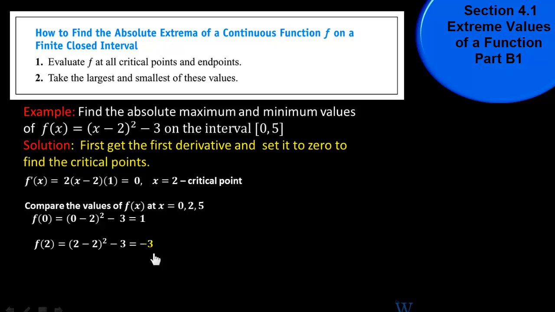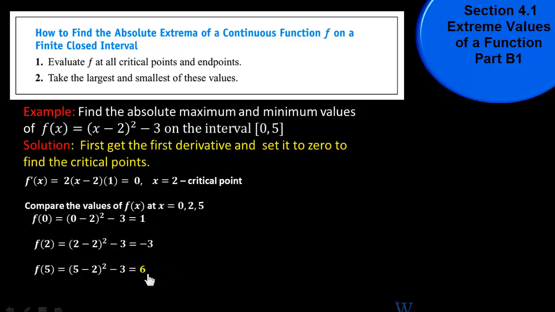And then, of course, the last one we have to evaluate would be f at 5. And f of 5 is plug in x equal to 5 into the function. Then that's 5 minus 2 squared, that's 9, minus 3 equal to 6.